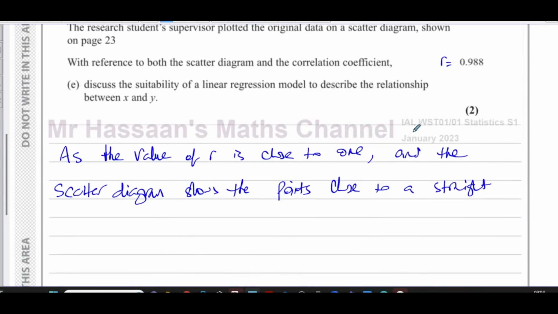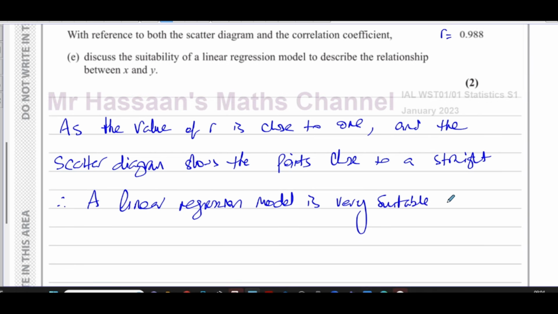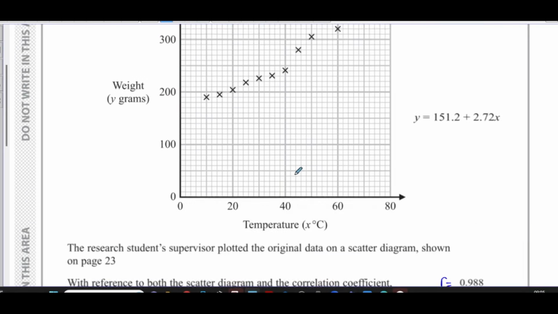Therefore, we can say a linear, a straight line, regression model is very suitable. It's highly suitable to describe the relationship between x and y. So something like that is what we need to write there, and that concludes this question.